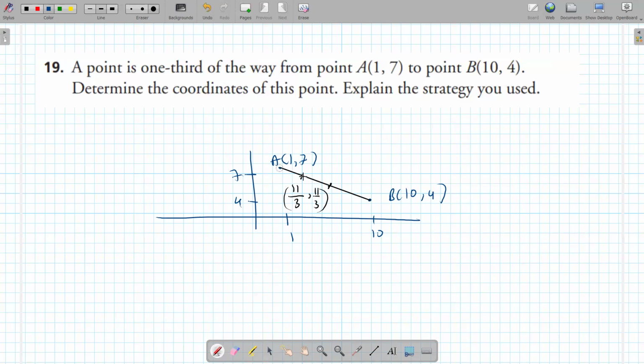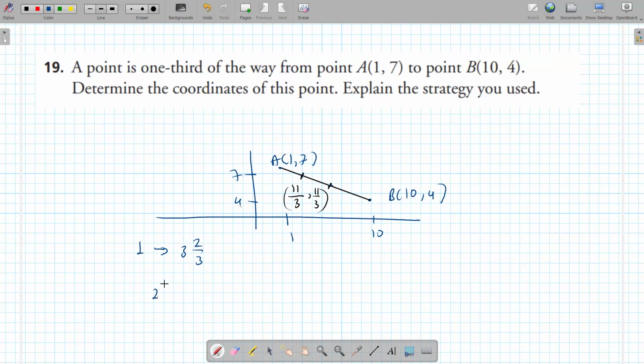Whatever brought us from here to here, if we add that to this point, we should get this, yeah? So from 1 to 11 over 3, which is like 3 and 2 over 3. How many units across did we go? Just subtract one from the other.